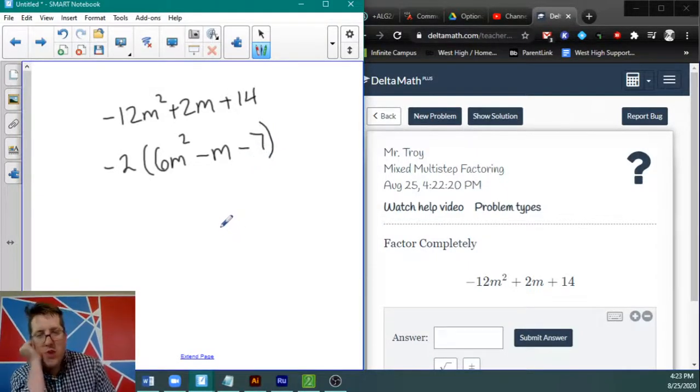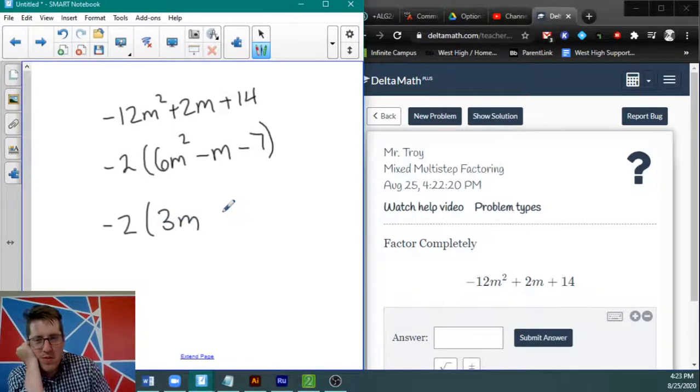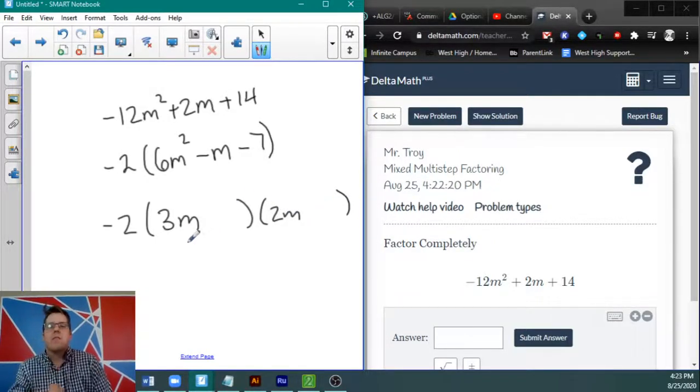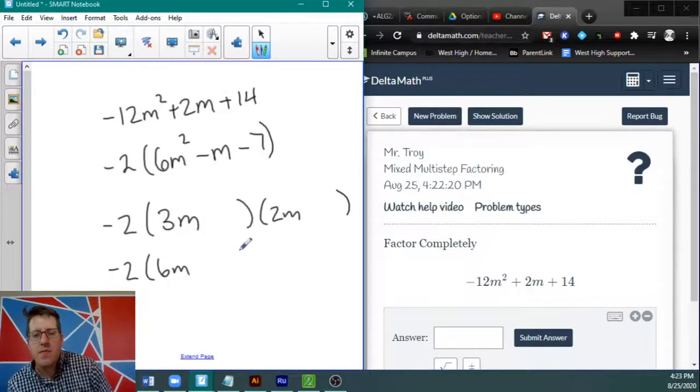Okay, so let's see. One thing I'm noticing here is that 6 and 7 are close to each other. So let's see how to put this in words. This could either factor to 3m and 2m, because that's one way to make 6, or it could factor to 6m and 1m.